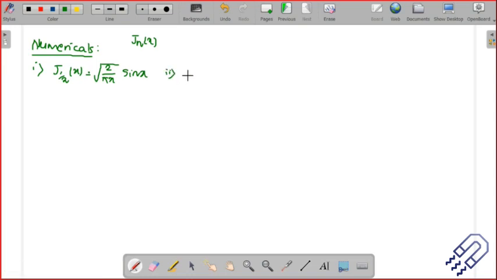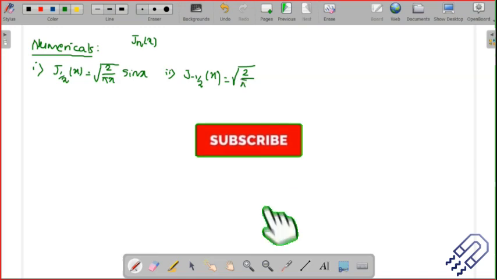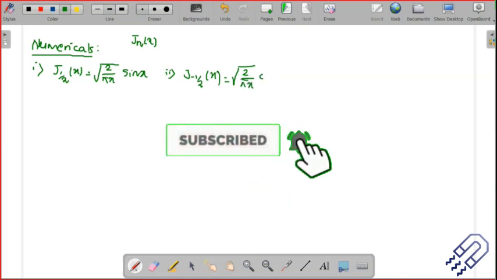So with the same set, if in place of n I take minus half, this would be again root over 2 by pi x cos x.